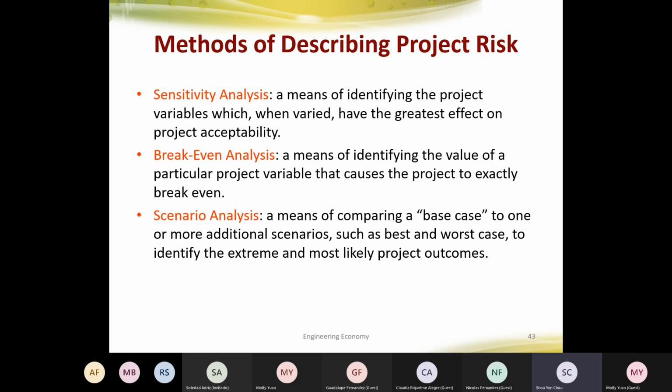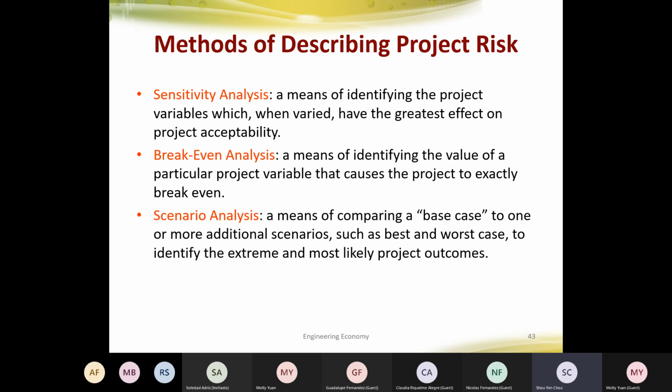Sometimes it's not very sensitive. Some values are more sensitive. Some values are not as sensitive. So for a sensitive one, definitely we want to estimate it as accurately as possible. For those less sensitive ones, if it changes by 50% but the net present worth doesn't change too much, then I think those are okay.